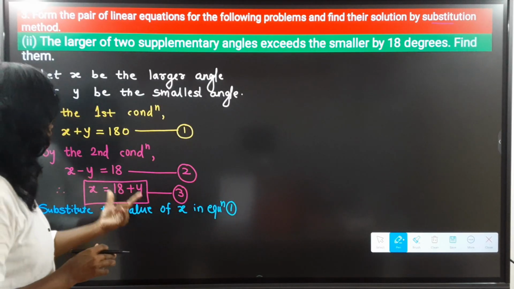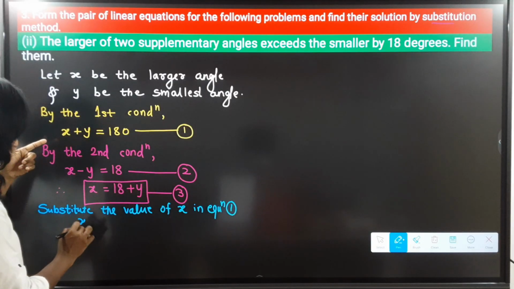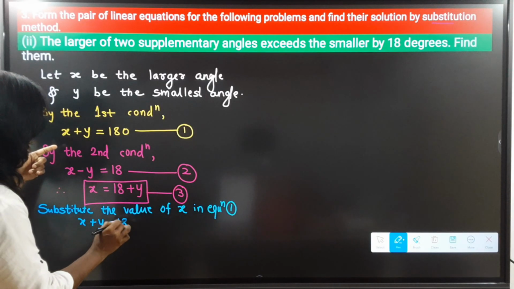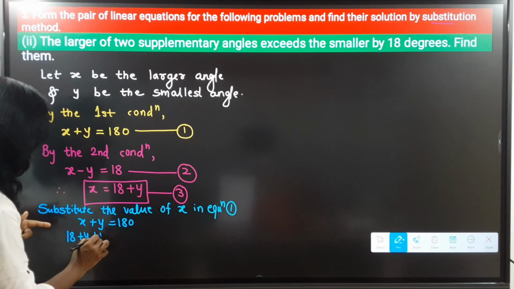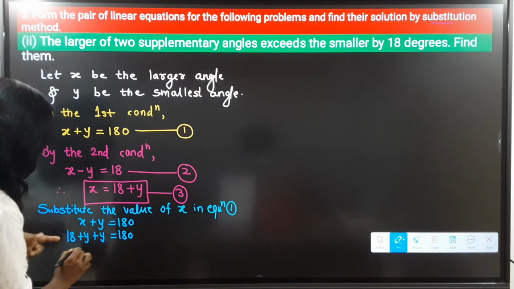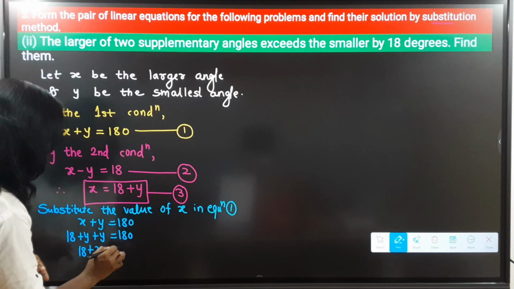Equation 1 is x plus y is equal to 180 degrees. Therefore 18 plus y, plus y, is equal to 180. So 18 plus 2y is equal to 180.